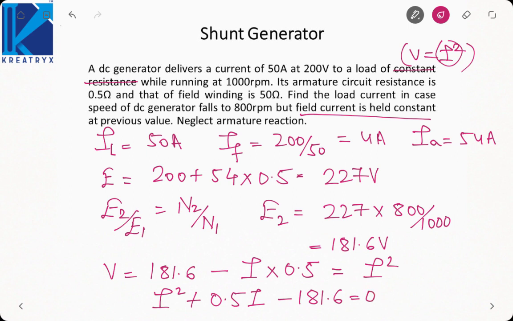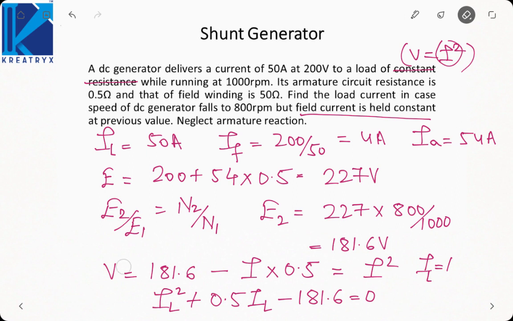So what we can do is find out the current by solving this equation. This will actually be basically IL. So it will come out to be how much? Sorry.